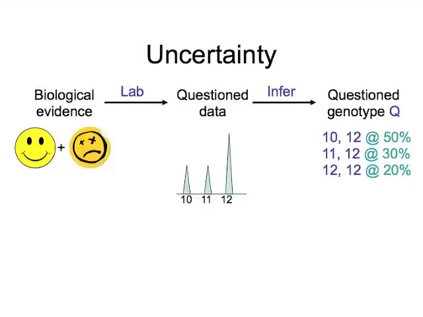Suppose we believe that at this locus, the contributor genotype we are inferring must contain allele 12. Here are 3 allele pair candidates, each assigned a probability value. Since we are working with probability, these values must add up to 1 or 100%. We have implicitly assigned the other 100 possible allele pairs a probability of 0.